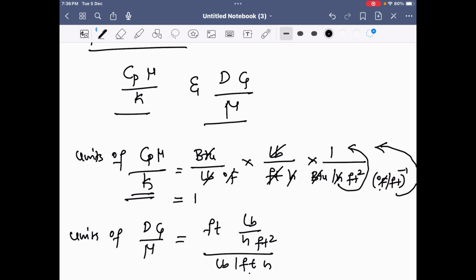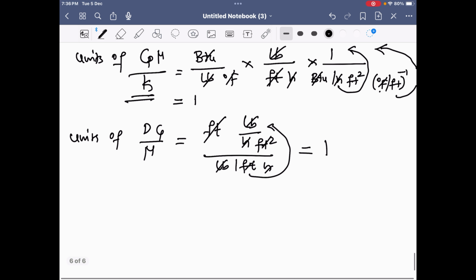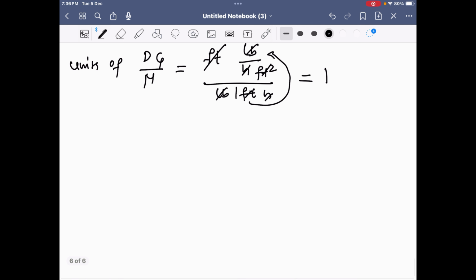So, this feet goes to the numerator, feet square gets cancelled, hour gets cancelled, Lb gets cancelled. So, you end up with again 1. So, the unit of these two groups is nothing but 1, means it is dimensionless. So, we can write therefore these groups are dimensionless.